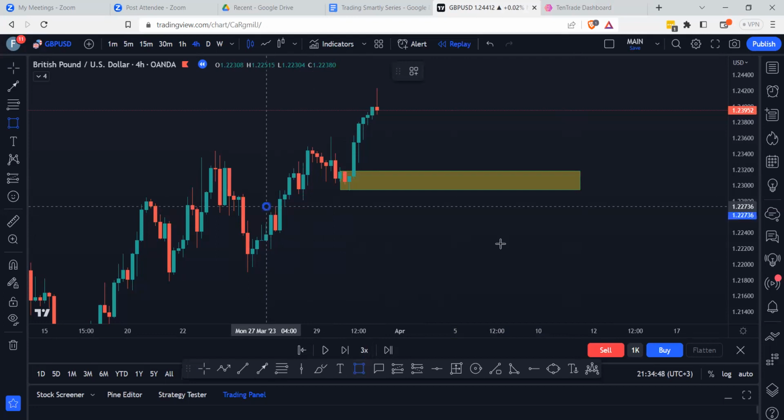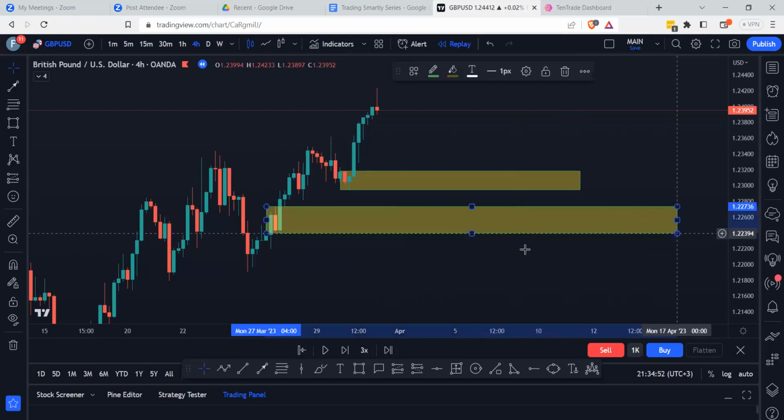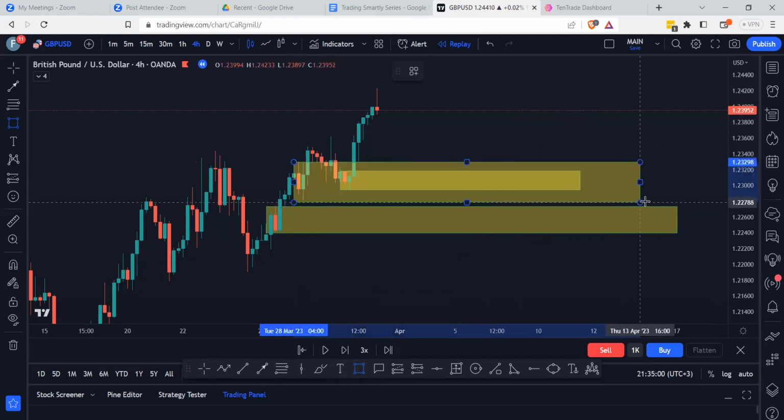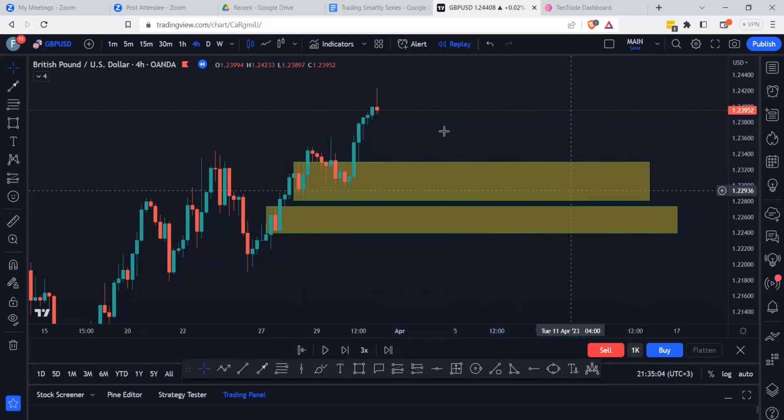This is a support zone here. Okay. It's also a support zone here. We take this. So let's just use this support. Let's delete this one. So we are looking to take entry in this support zone. This is also another support here, this one.